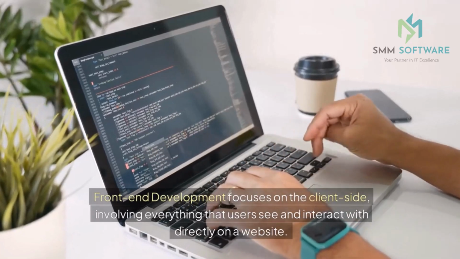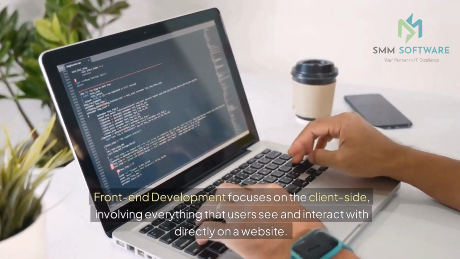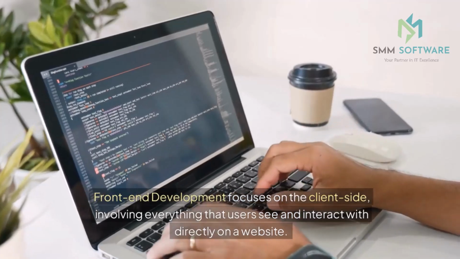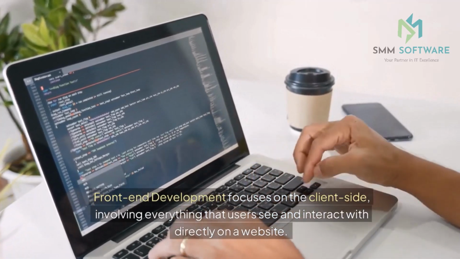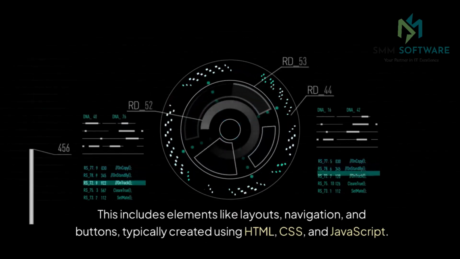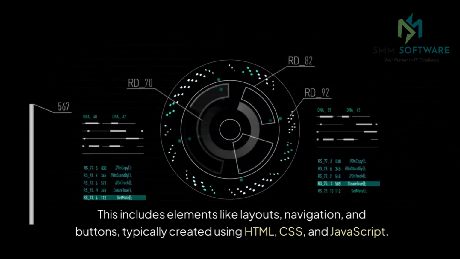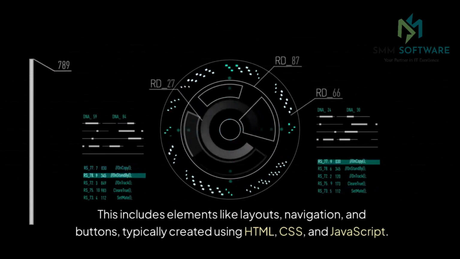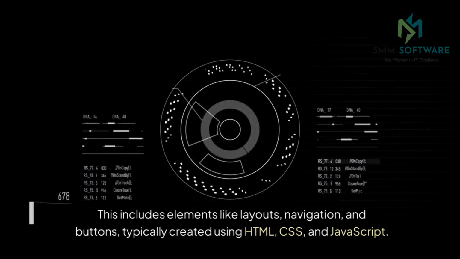Front-end development focuses on the client side, involving everything that users see and interact with directly on the website. This includes elements like layouts, navigation, and buttons, typically created using HTML, CSS, and JavaScript.